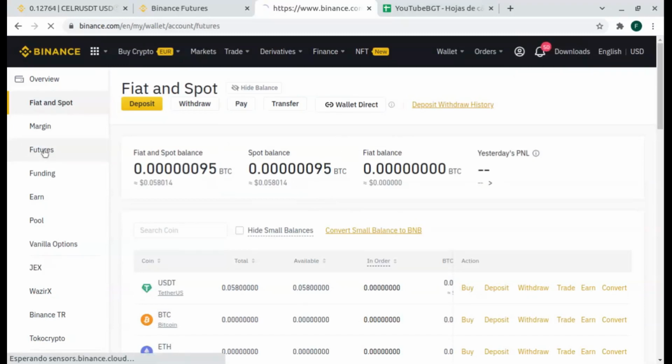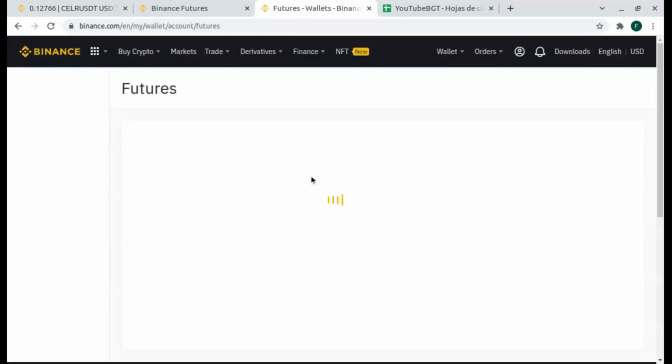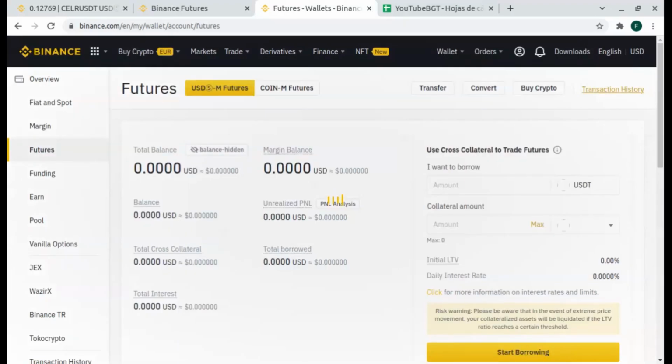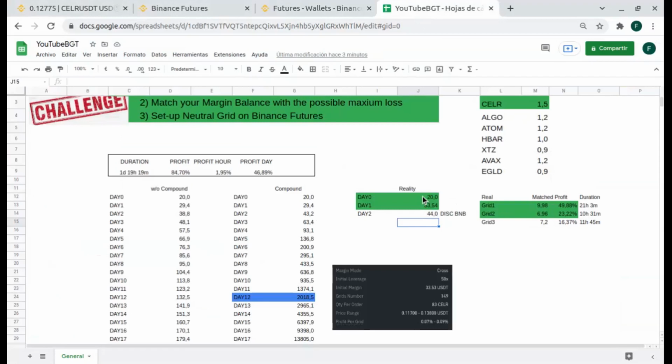So I invested some of my margin balance into BNB to pay the fees and to keep the fees as low as possible. Again, we have almost 44 of margin balance and 54 of total balance, which is consistent with the profit of grid 1 and grid 2 that are already closed and grid 3 that is running.